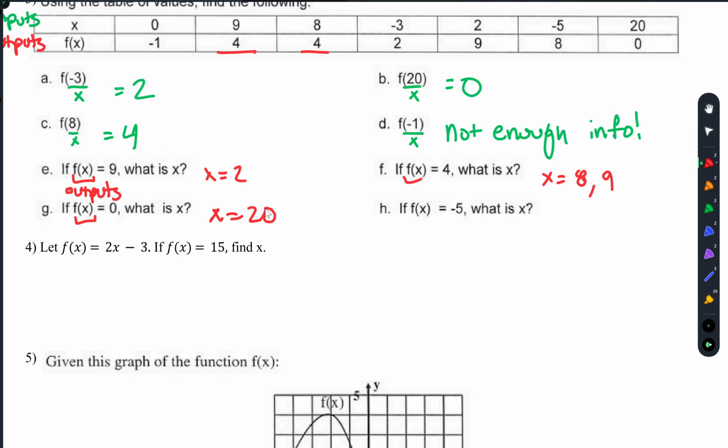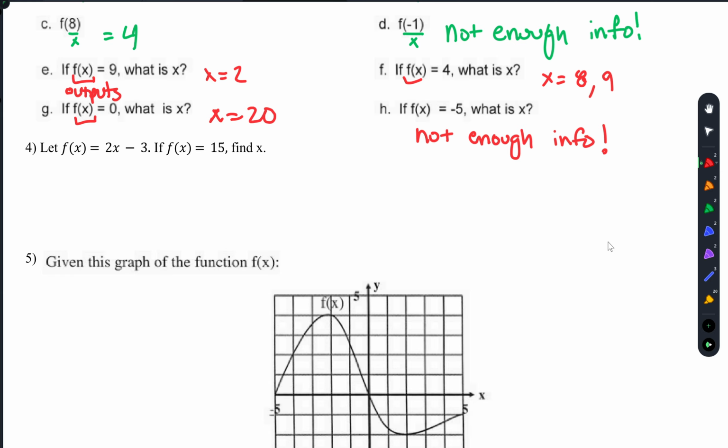And then when f of x equals -5, I don't have -5. I'm not going to make a guess. So again, not enough information.